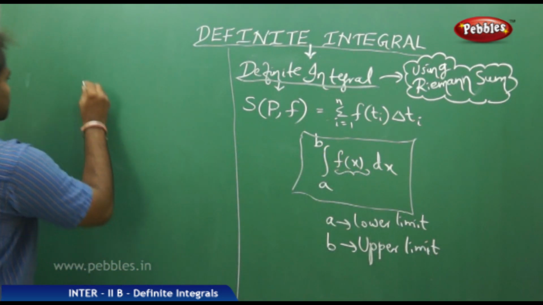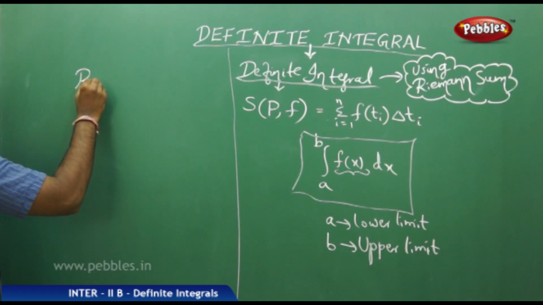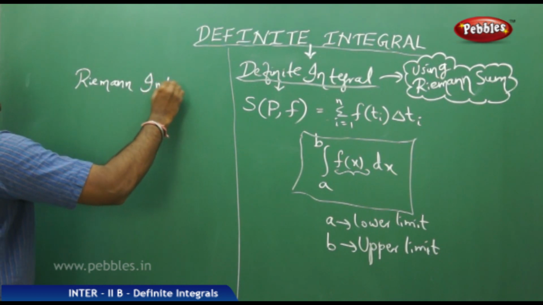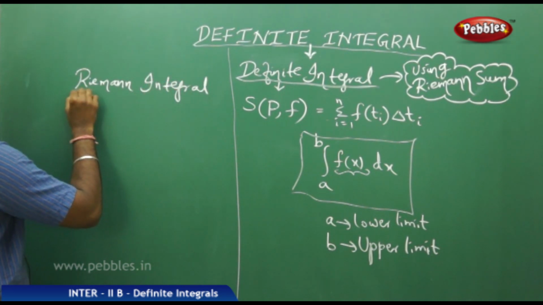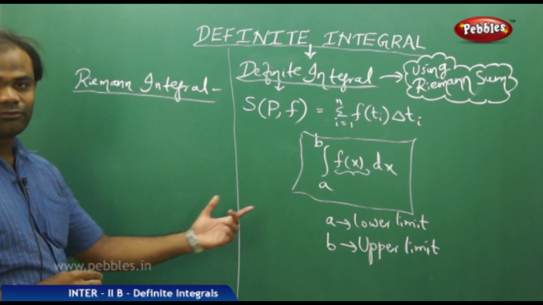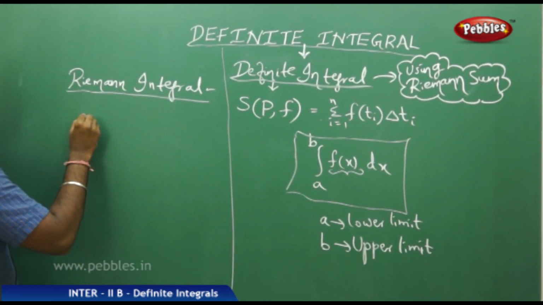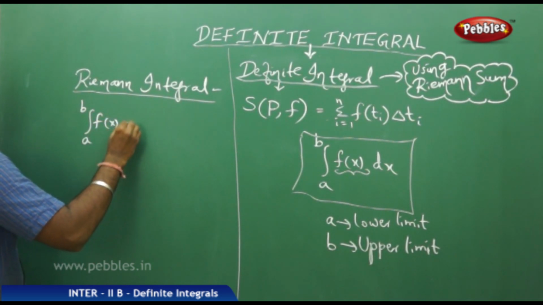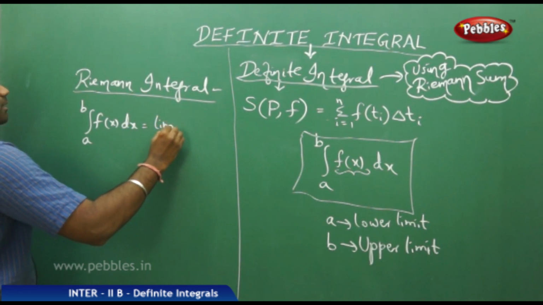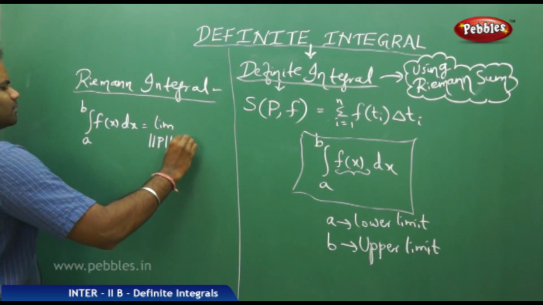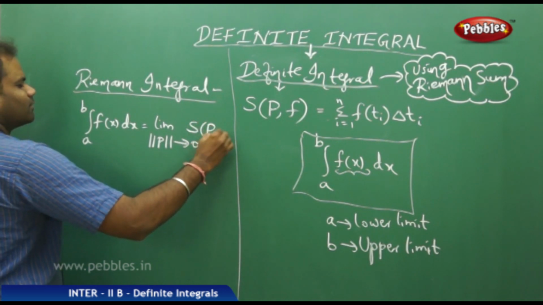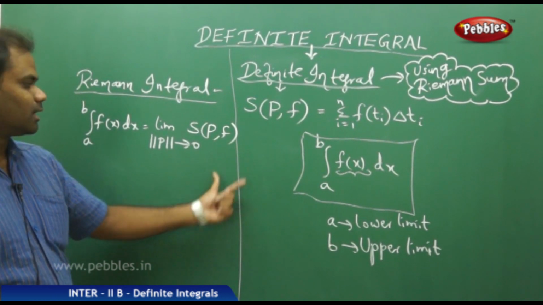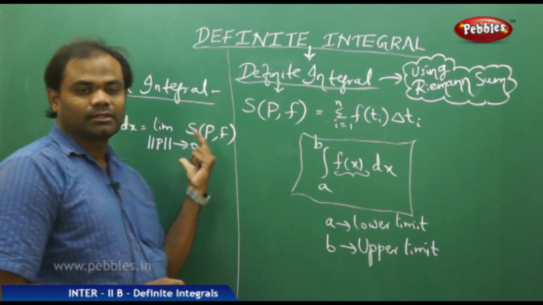Therefore, the Riemann integral of the function f of x is defined as the limit as the norm of P tends to 0 of S_P(f). We substitute this into the function.